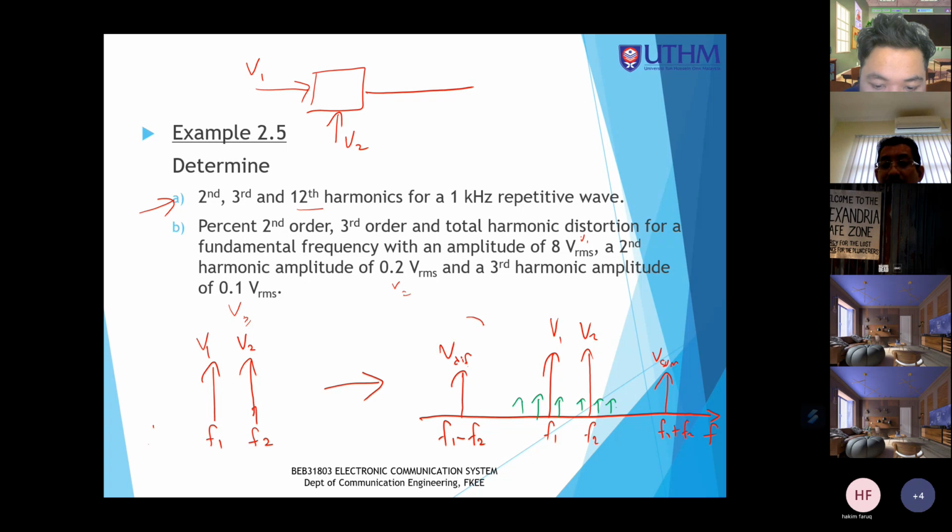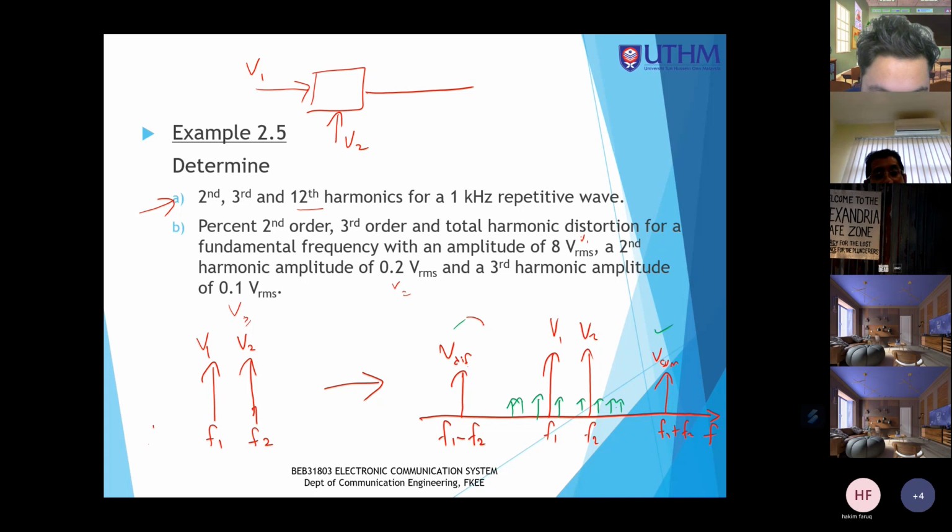There are a few sets of harmonics, second order, third order, and so on. Yang mana harmonics ini nilainya sangat kecil compared to the V sum and V difference. So actually there are other small harmonics, but the significant ones are the V difference and also the V sum.